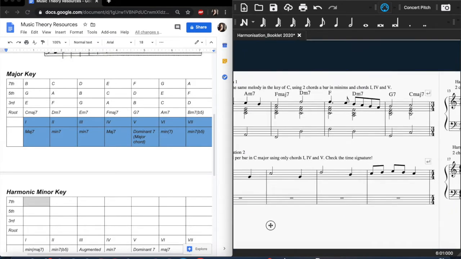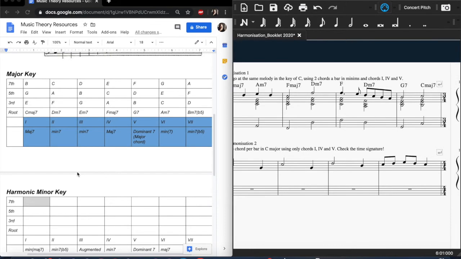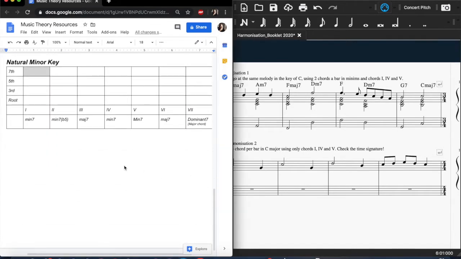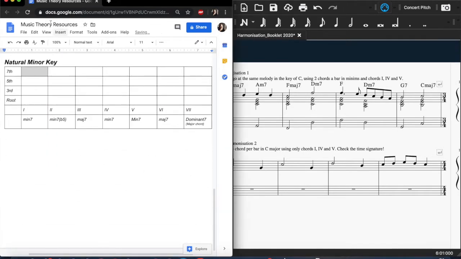Suspensions are where, if we take a chord that has a root, a third, and a fifth, such as a C major chord, it would have a C, an E, and a G.